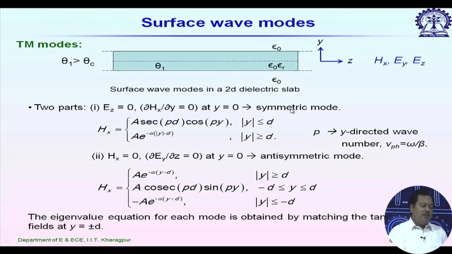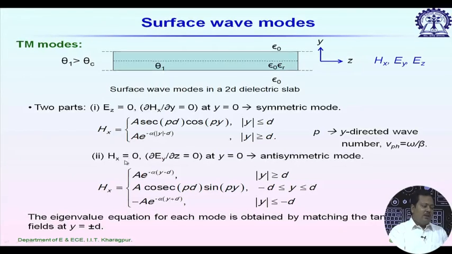We call it the symmetric mode, and if we solve for the field components, let us consider the magnetic field, since we have only one magnetic field component in this case, Hx. This is equal to A sec of Pd cos Py. This is inside the dielectric, and outside the dielectric it varies exponentially, as we observed previously.